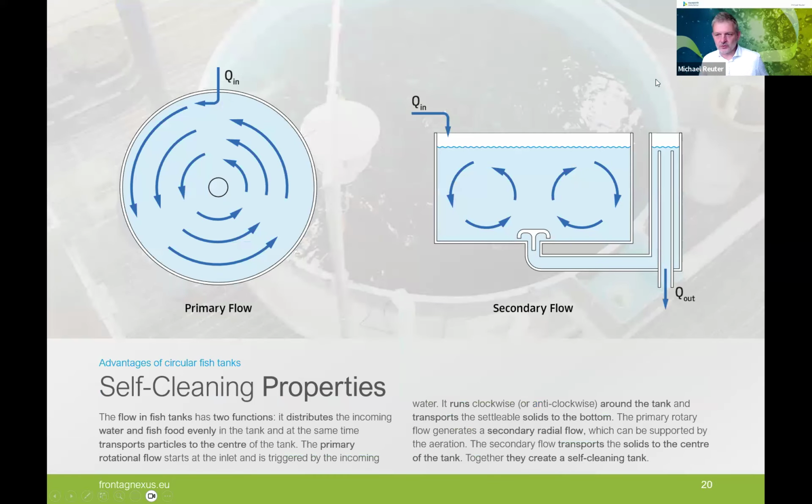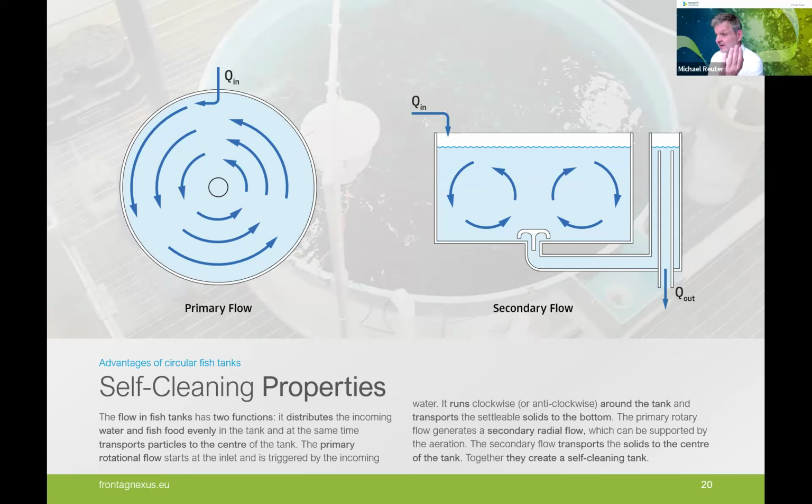Then I wanted to show you some aspects of the self-cleaning capability of the round fish tanks, because this is really a huge advantage of round fish tanks. In a round fish tank, we normally have two different flows, a primary flow that is clockwise or counterclockwise.